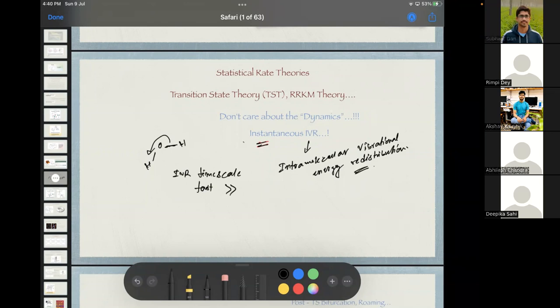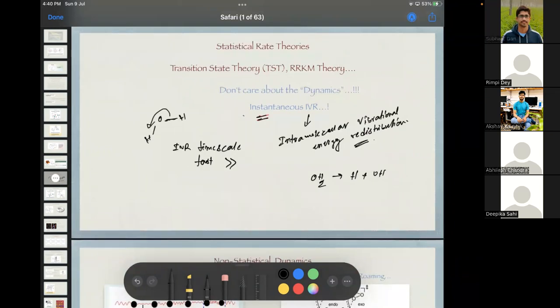For example, take the dissociation of water into H plus OH. This is a type of chemical reaction, and its time scale is slow compared to the energy redistribution time scale. This is the meaning of instantaneous IVR, and this is the origin of the statisticality.